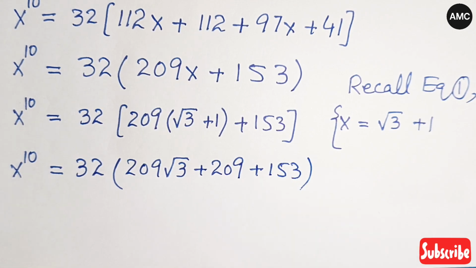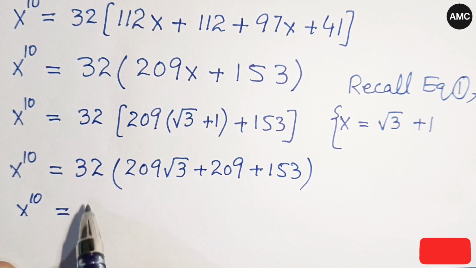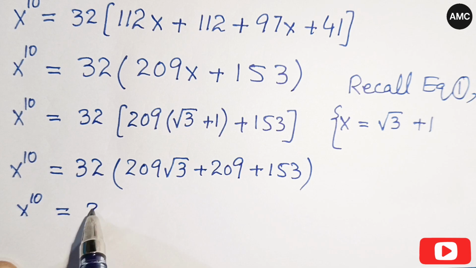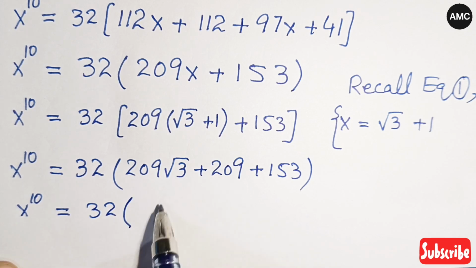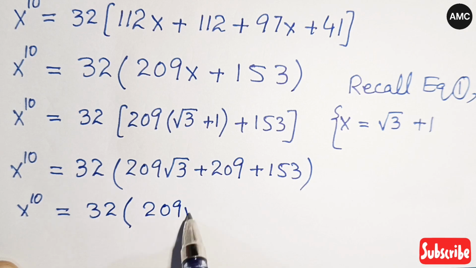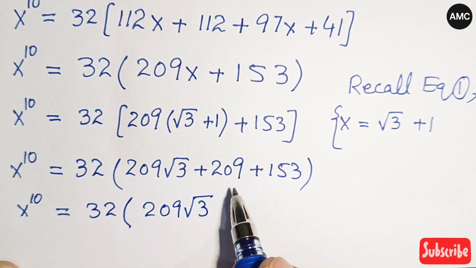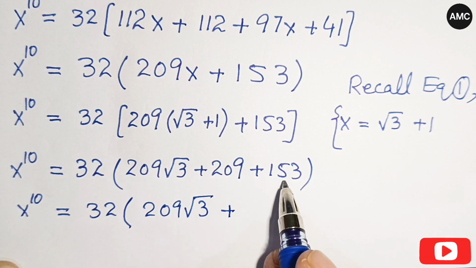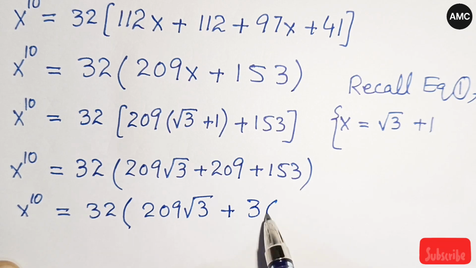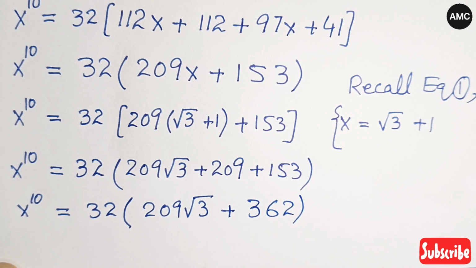Now our next step is x to the power 10 is equal to 32 times, here we have 209 times square root of 3, and it is plus 209 plus 153, we get 362.